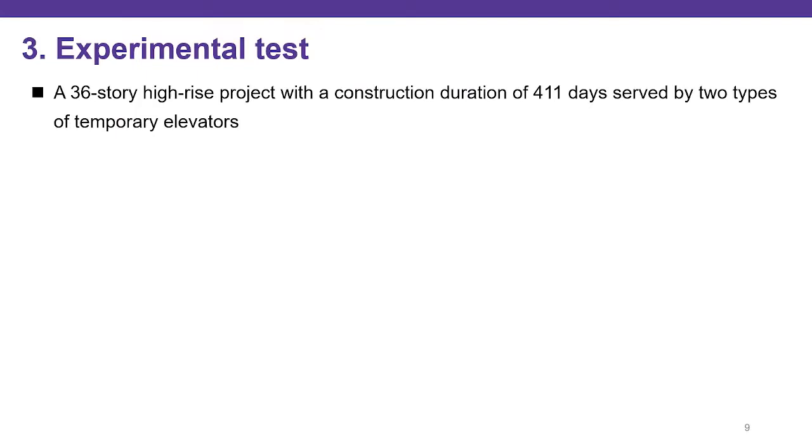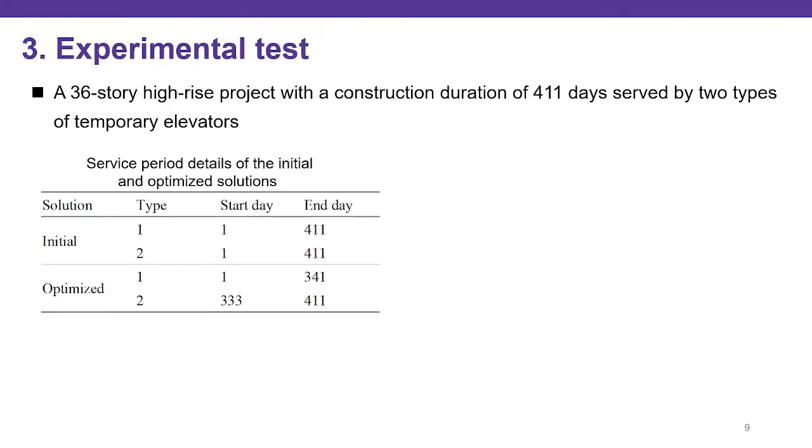To test the proposed model, a 36-story high-rise project with a construction duration of 411 days served by 2 types of temporary elevators was used. The details of initial and optimized solutions for the service period of temporary elevators are listed in the left table.